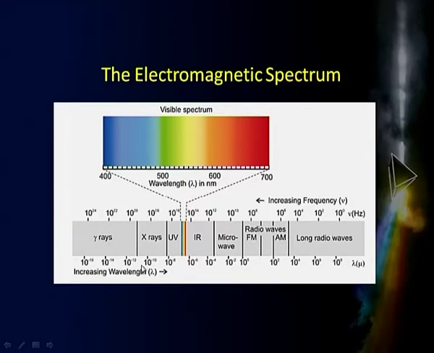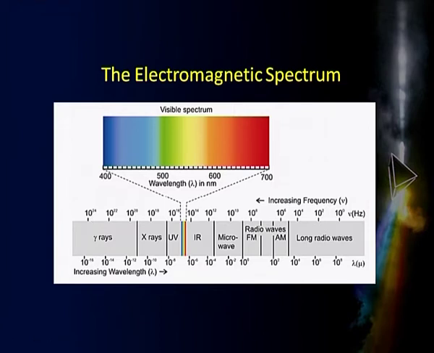Here you see increasing wavelength, starting from a very low wavelength, and on the other side you have increasing frequency. Graphically you can also see the inverse relationship between frequency and wavelength.